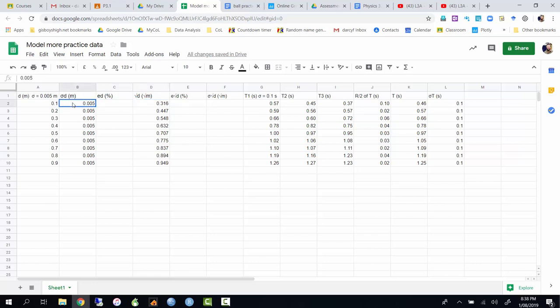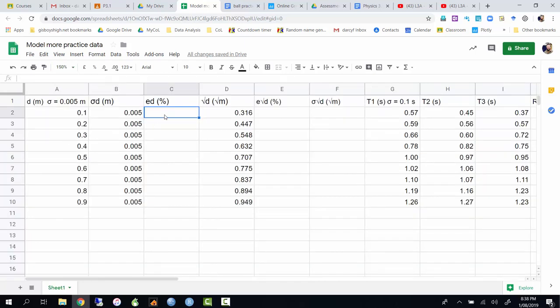So I've got my uncertainty in d, and now I need to work out my percentage uncertainty. And I'll just zoom in to make that a bit bigger for you. So I need to calculate what percentage the uncertainty in d is of the d value.